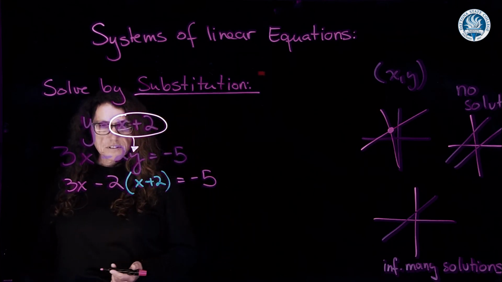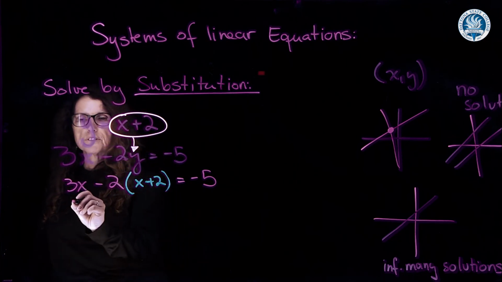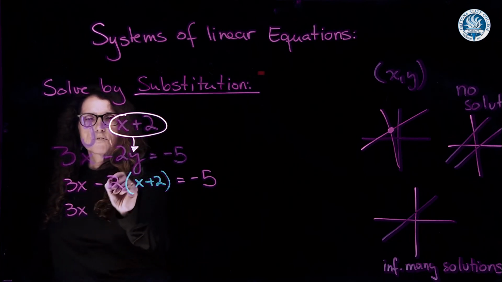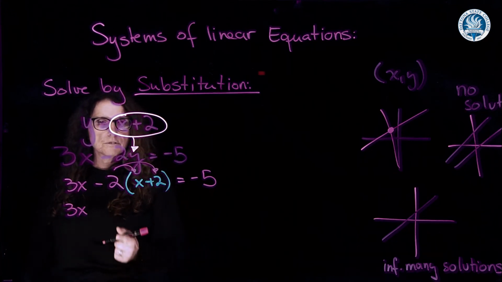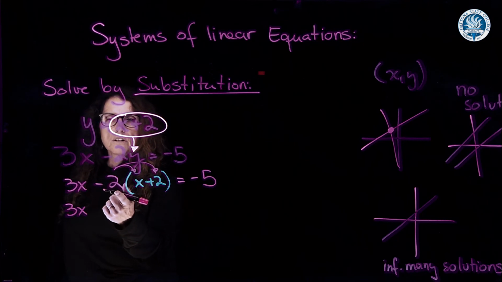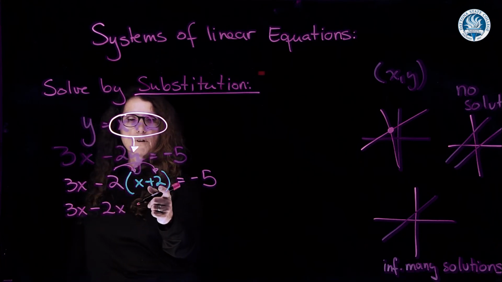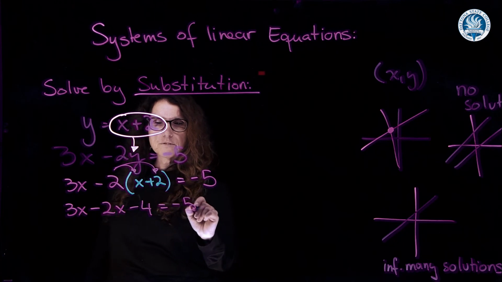Now we solve this equation by our conventional equation-solving rules. 3x, we need to clear the parentheses and distribute the 2, but don't forget this is a minus 2, so we can just look at it as negative 2 times x, which is minus 2x, and negative 2 times positive 2 is negative 4, equals negative 5.